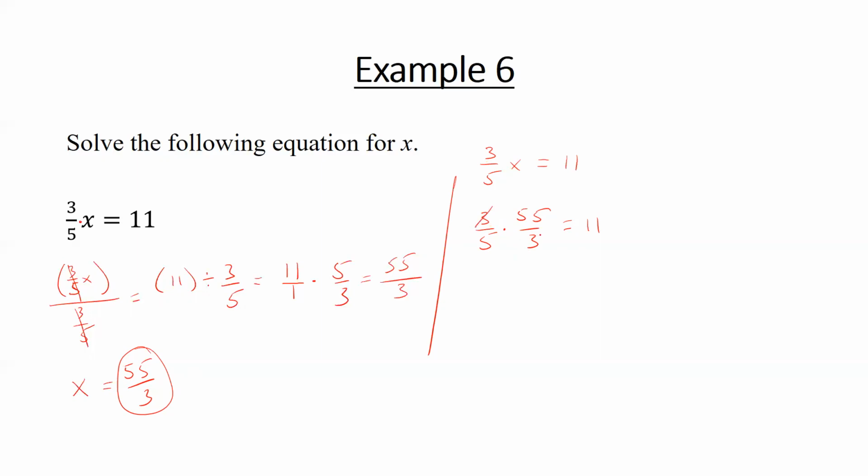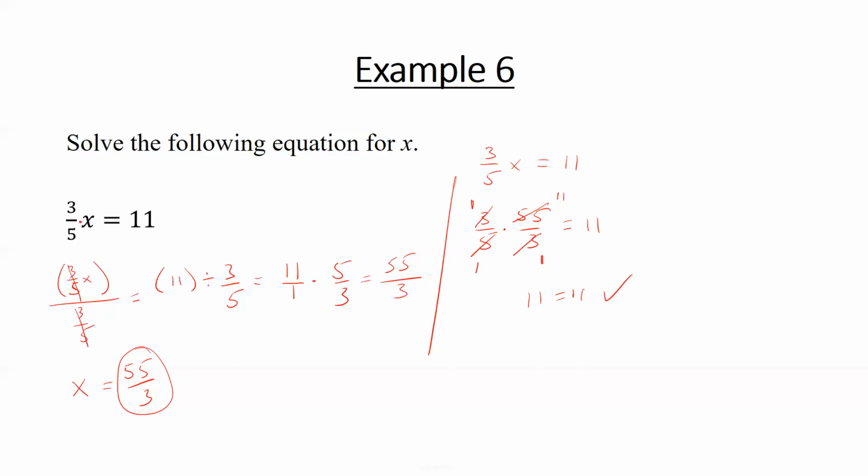We can divide the top and bottom by 3. And here we can divide the top and bottom by 5, giving us 11 and 1. And we're left with 1 times 11, which is 11/1. So again, our solution works.